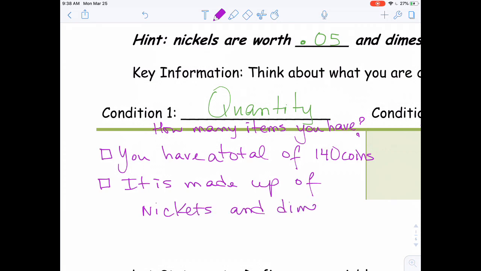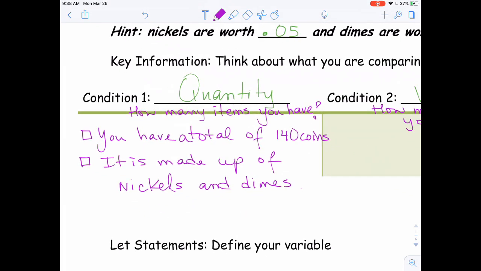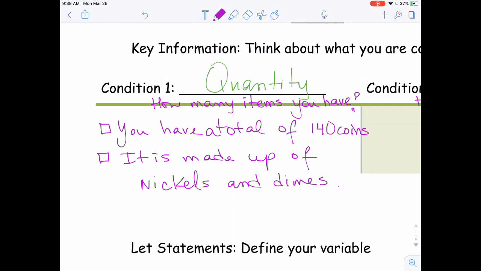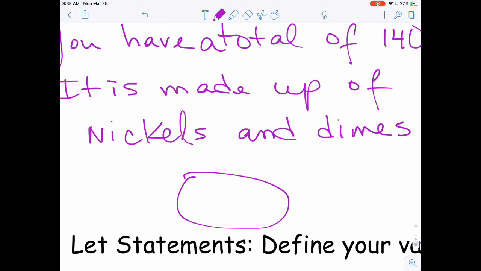So you have a jar full of 5 cent coins and 10 cent coins, for a total of 140. That's kind of like your jar here.